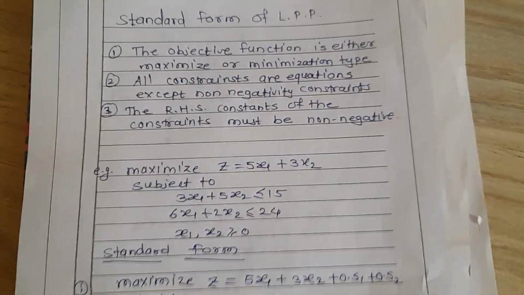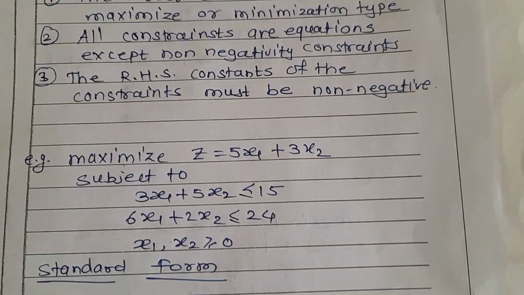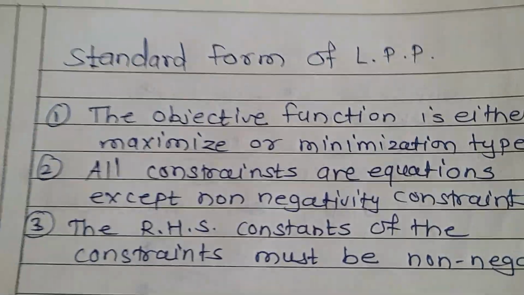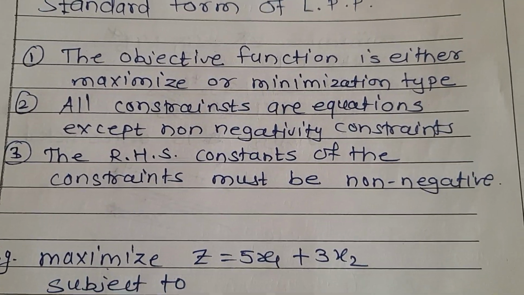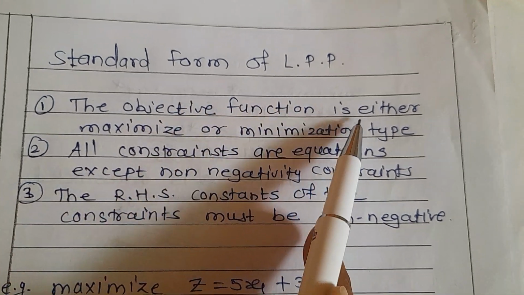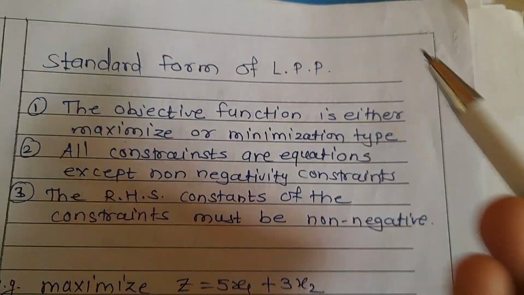And the third is the standard form of LPP. First is the general form, second is the canonical form, and third is the standard form of LPP. It is most important because it is used in the simplex method. Standard form: first, the objective function is either minimization type or maximization type, any one of these.